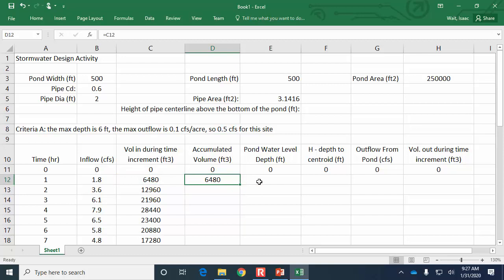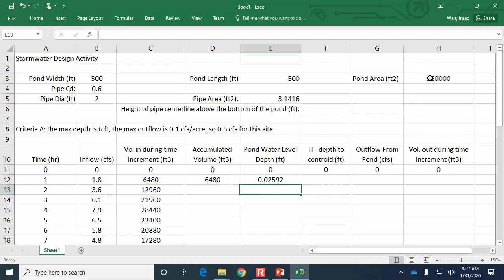And if there's that much volume in a pond that has this area, we can find the depth by being volume divided by the area. Anchor the reference to that so that as I drag the formula down, it's always looking in this spot for the pond area. And anytime I change the dimensions, it's going to dynamically update the area of the pond.